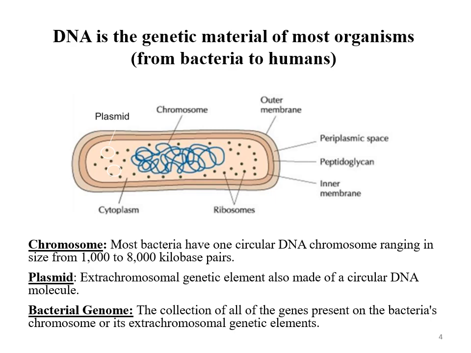Most bacteria have one circular DNA chromosome ranging in size from 1000 to 8000 kilobase pairs, while the extrachromosomal genetic elements in the form of plasmids are made of circular DNA molecules. The collection of all the genes present in the form of chromosome or plasmid is collectively known as the bacterial genome.